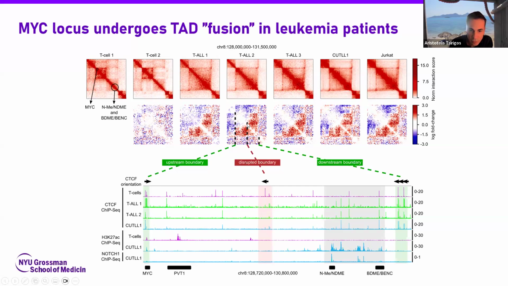Now, if we then zoom in at what happens at the very middle point, the center point of this big TAD that now happens in leukemia, what you see is precisely what I described before.